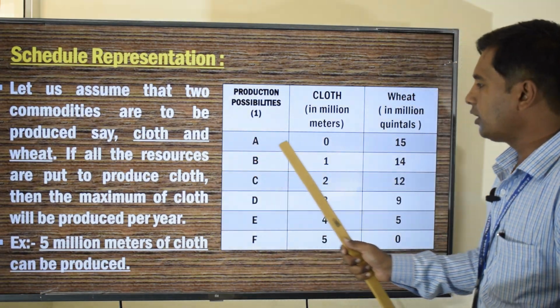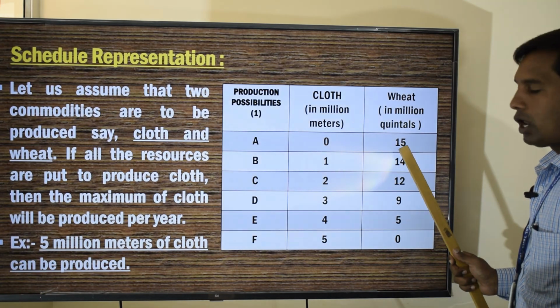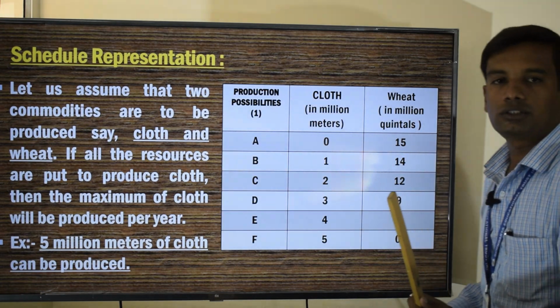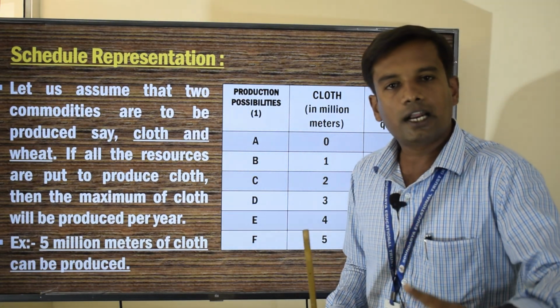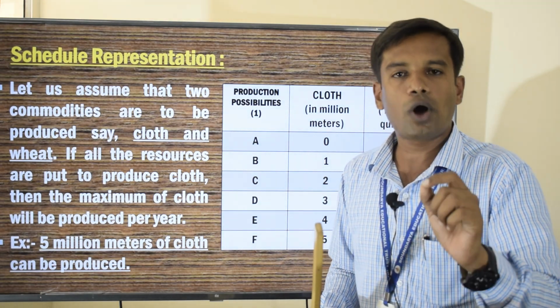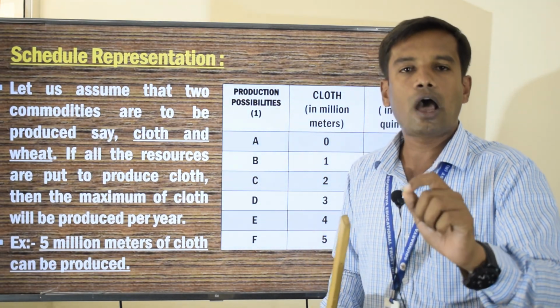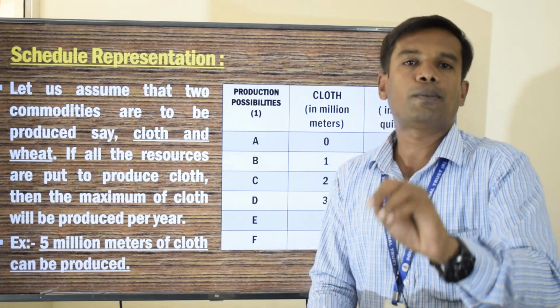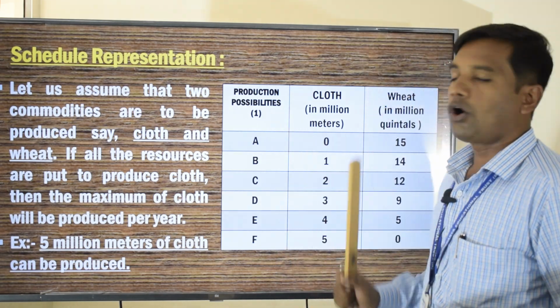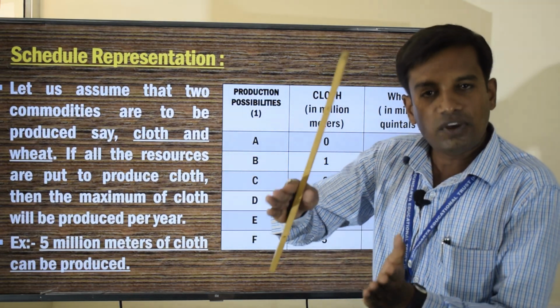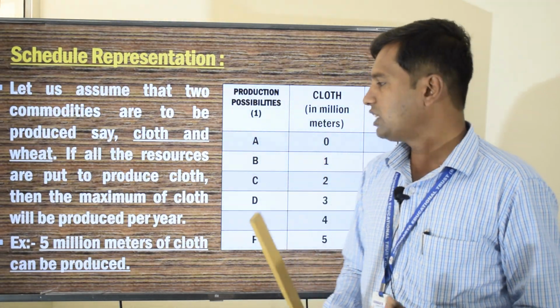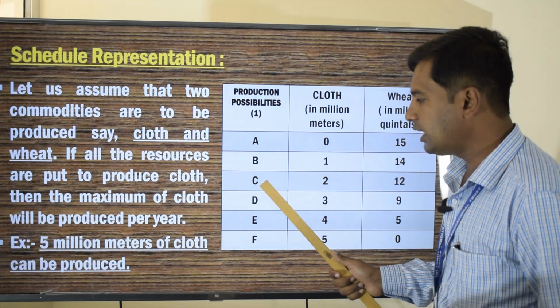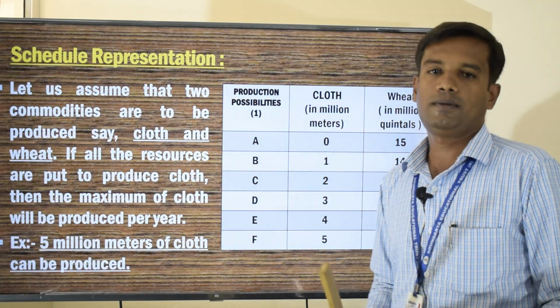Just observe here, wheat third column, 15 million quintals, which means a country doesn't want to produce cloth, it wants to produce only wheat. Now the country is going to use the complete resources in producing wheat. In between these two extreme combinations, we have B, C, D as well as E.